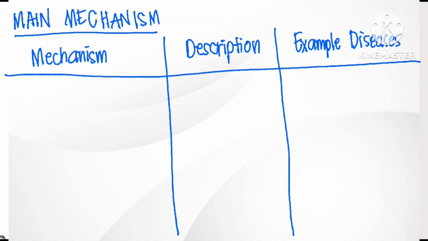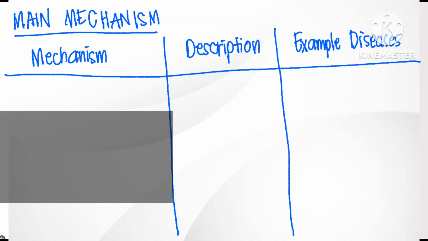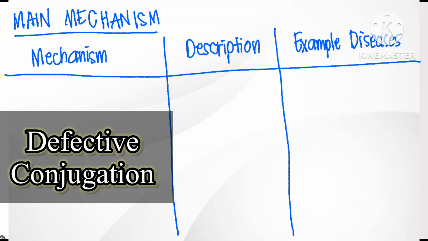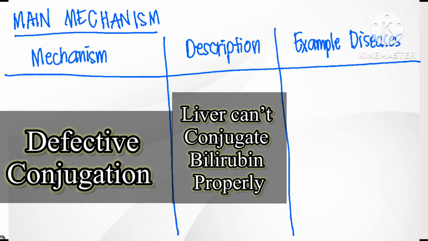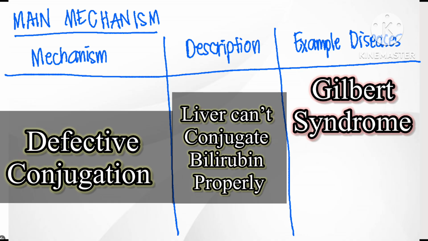And the very last mechanism could be due to defective conjugation. This means that the liver can't conjugate bilirubin properly. The first example disease would be Gilbert syndrome. This one is a common, mild, inherited liver condition that causes slightly elevated levels of unconjugated or indirect bilirubin in the blood.